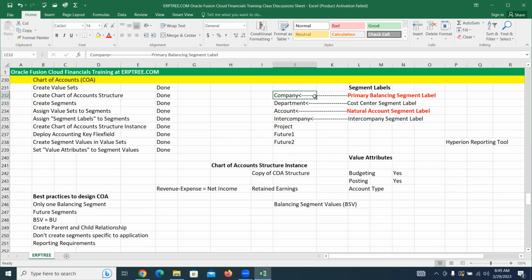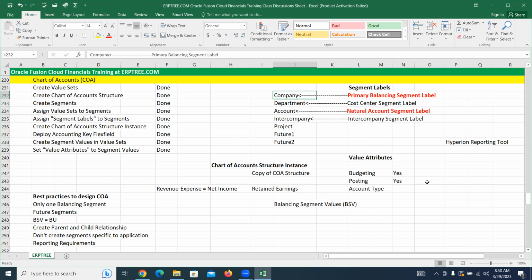Primary balancing segment value we set at the BU level. For this BU, this is the primary balancing segment value. This is how we set it. For one business unit, we map one balancing segment value.